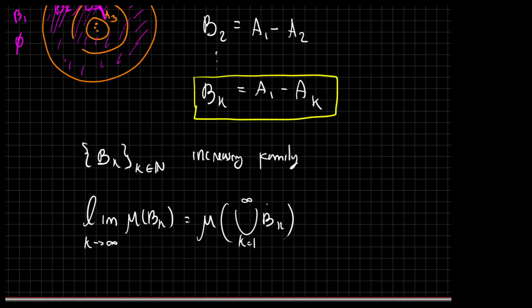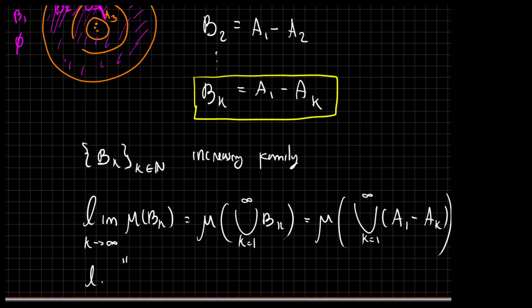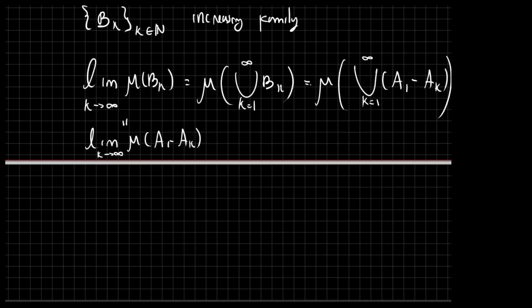So now we need to remember that every Vk is A1 minus Ak. So this is equal to the union here like this, and this limit is equal to the measure of A1 minus Ak as k goes into infinity. All right.